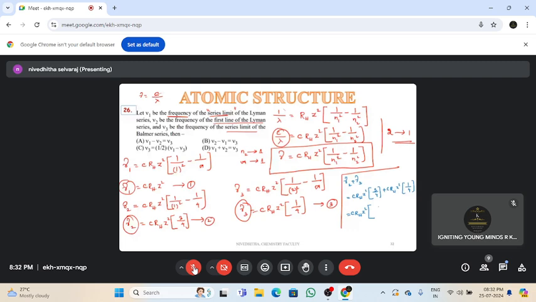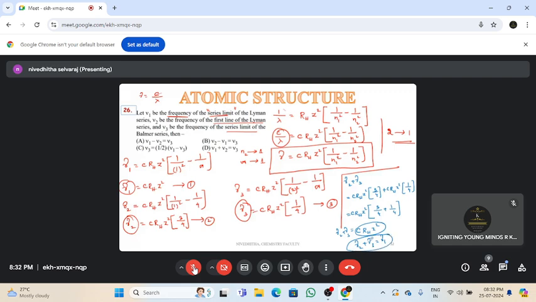So 3 by 4 plus 1 by 4 is nothing but 4 by 4, it will get cancelled out. So what is nu 2 plus nu 3? Which is C into Rydberg constant into Z square, which is nothing but nu 1. So nu 2 plus nu 3 is equal to nu 1.